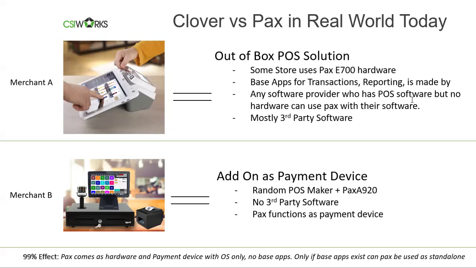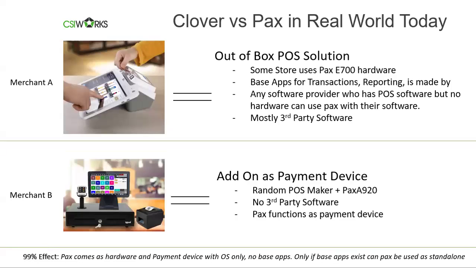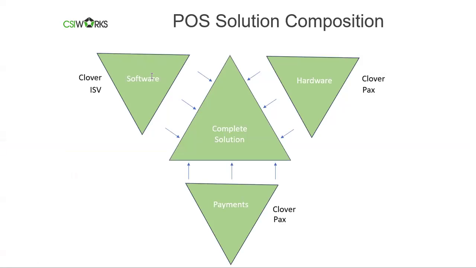That's why it doesn't see the same adoption effect that Clover does, whereas with Clover, 80% of Clover, like I mentioned in the previous slide, is deployed as a standalone solution that has everything: software, hardware, payment. PAX heavily relies on ISVs, companies like us, to provide the software component.